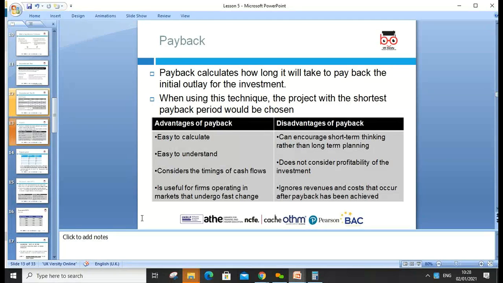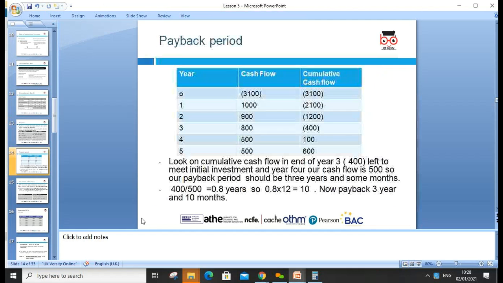So a shorter payback period is better. The advantages of this method: it is easy to calculate and easy to understand, and it considers cash flows. Some disadvantages: it doesn't consider the time value of money, and it doesn't consider cash flows after meeting what you invested.